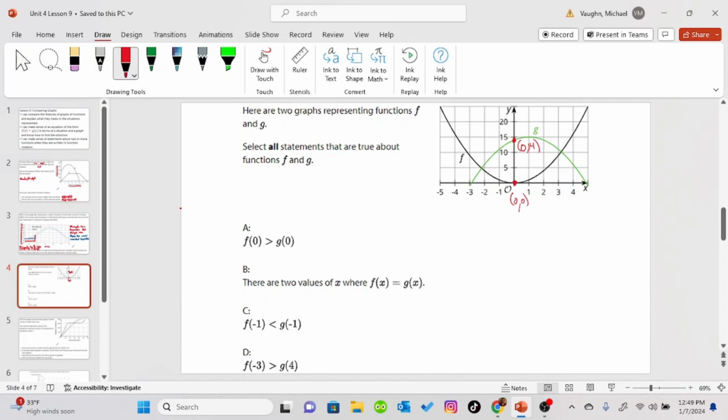That is false because the y value of g when x is 0 is actually greater than the y value of f when x is 0. So it's not A.